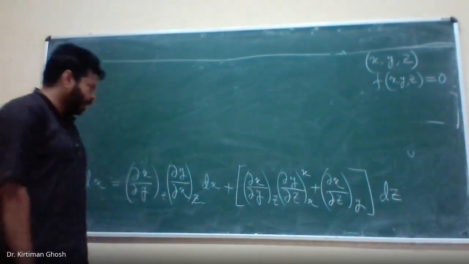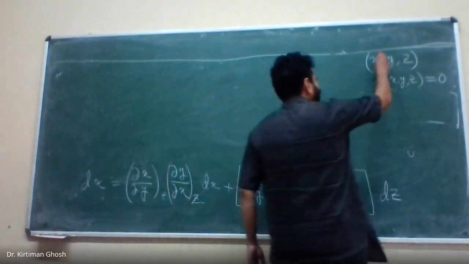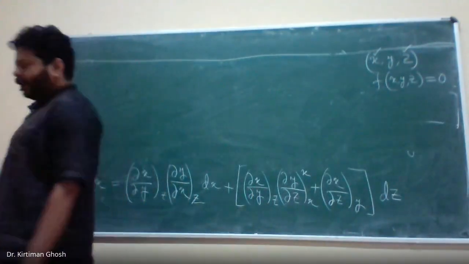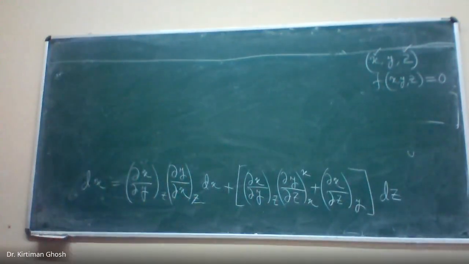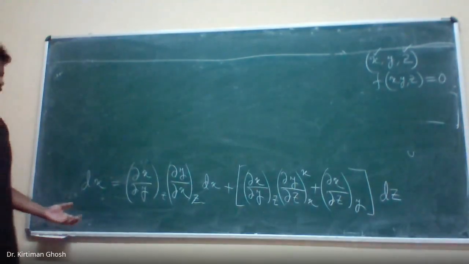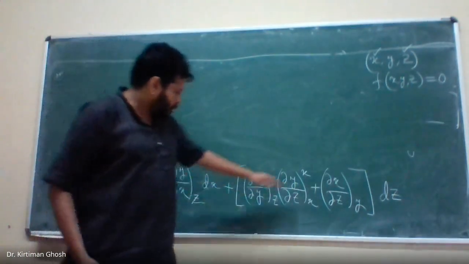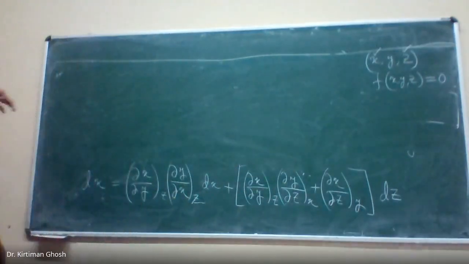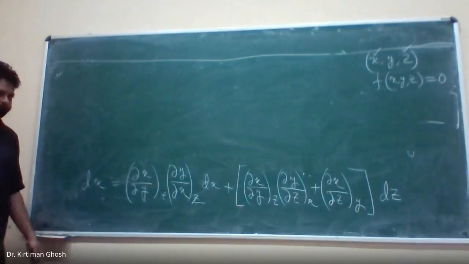Let us choose x and z as the independent coordinates. If I choose x and z as independent coordinates, I can vary them independently, but y will not be independent then.